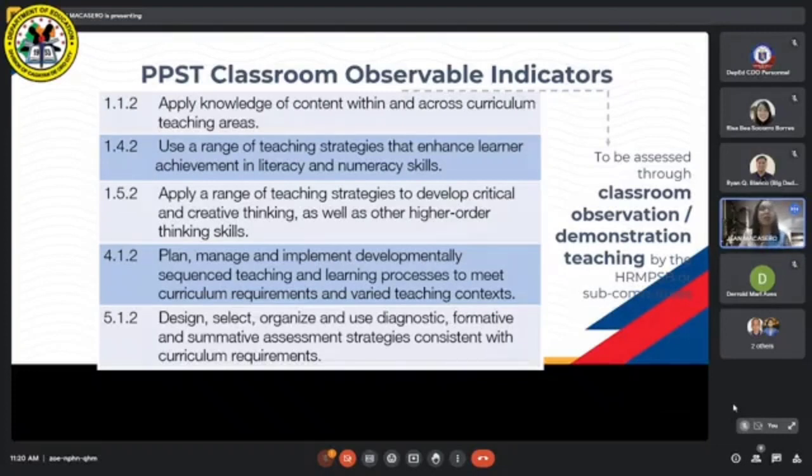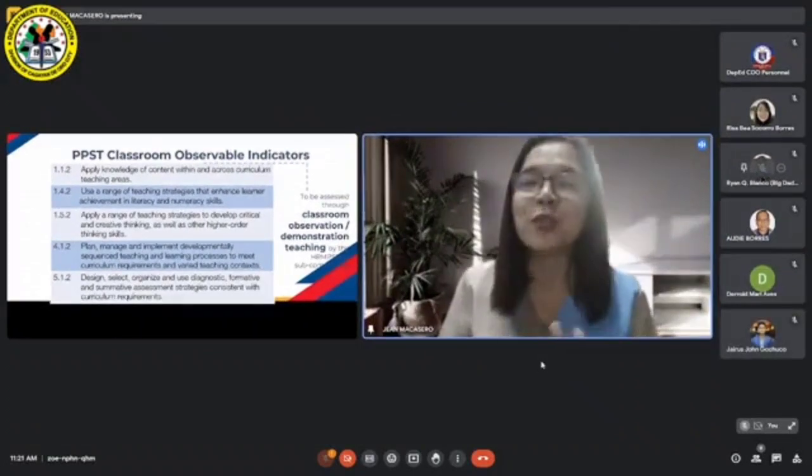Next, 5.1 is design, select, organize, and use diagnostic, formative, and summative assessment strategies consistent with the curriculum requirements. In other words, domain 5 is more on assessment. Remember, there are many ways to assess our learners. It's not just paper and pencil tests.